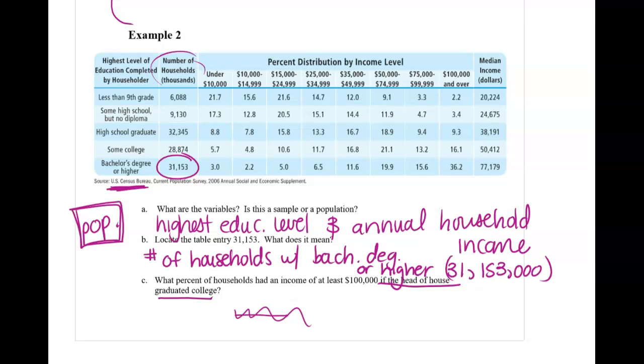Some college doesn't count. And I was thinking we had to calculate a percentage, but we don't, because this is percent distribution. So we look at bachelor's degree or higher, and we go over here, $100,000 or over. And this is in percents. So it's 36.2%.